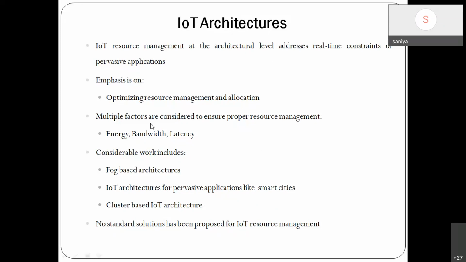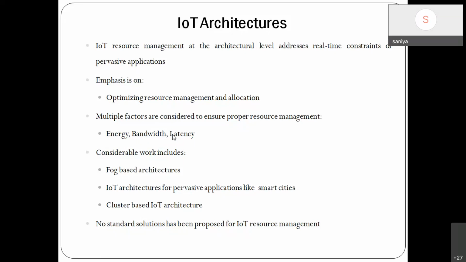And in this section, there are multiple factors on which they have focused. If you study IoT architecture, you will definitely see work on energy, bandwidth, and latency, like how you are going to utilize and improve these factors. There is considerable work done here on fog-based architectures, IoT architectures for pervasive applications like smart cities. You know IoT is related to smart cities, and by pervasive applications, I mean automatic applications.